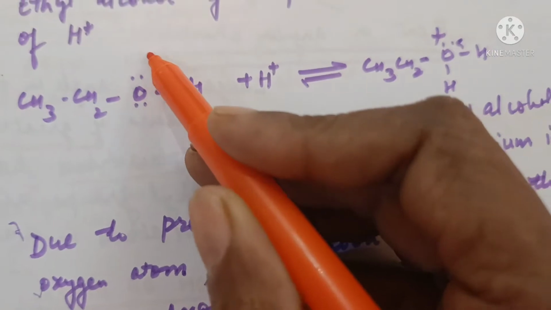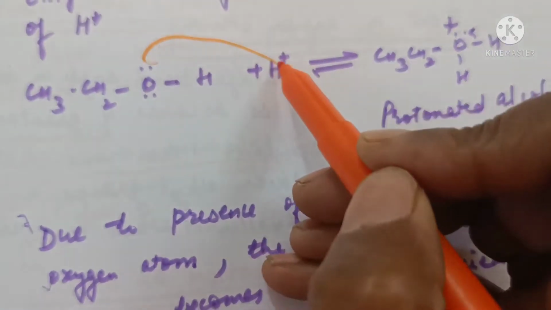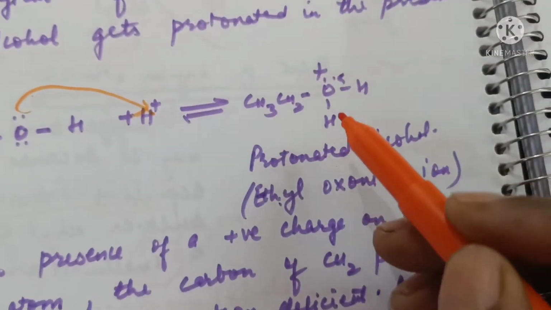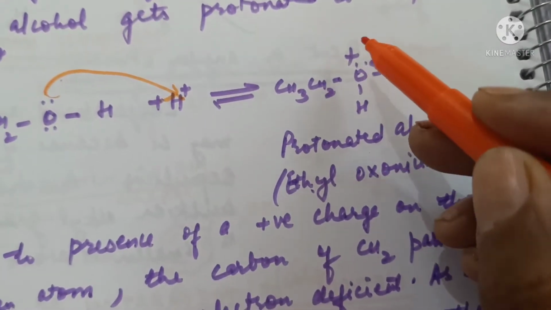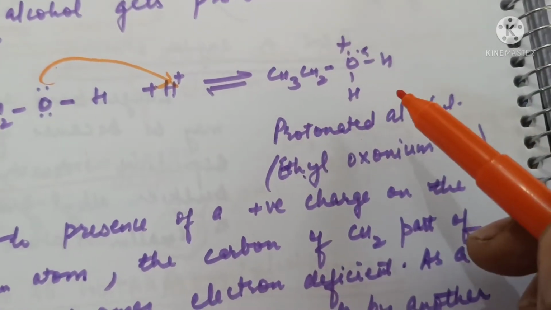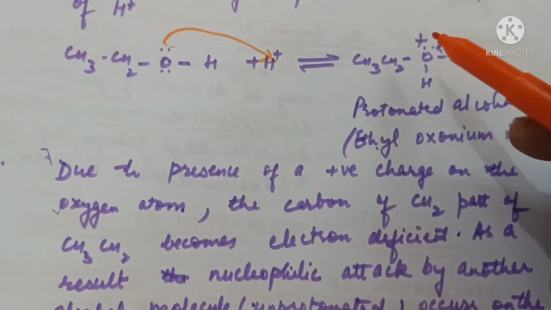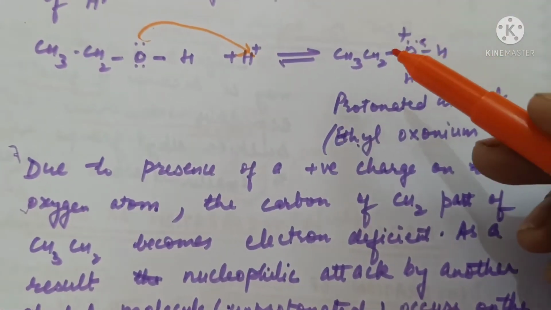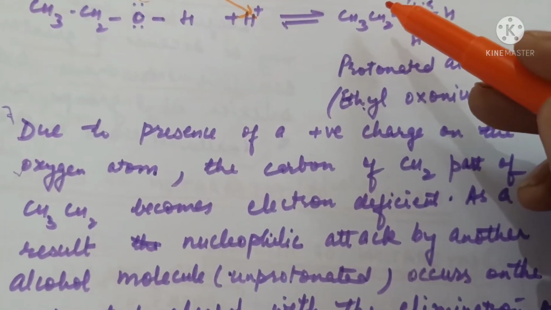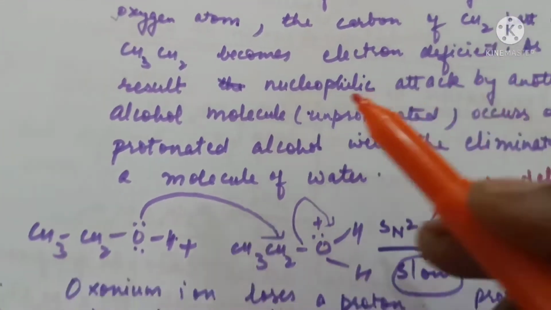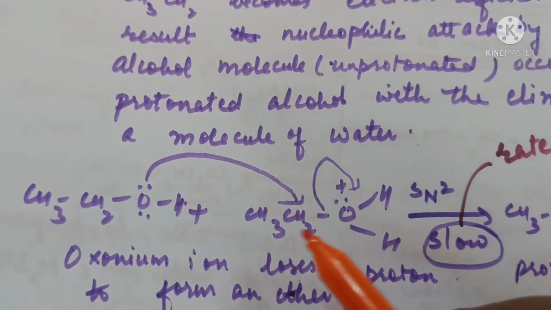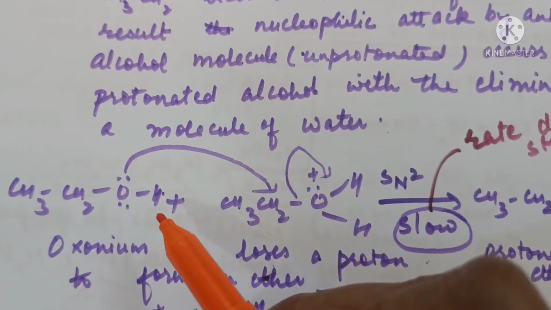Mechanism. In the first step, ethyl alcohol gets protonated. So these lone pair of electrons will move here and H+ will be attached here. As a result, oxygen gets a positive charge. This is protonated alcohol. In the second step, due to the presence of positive charge on the oxygen atom, this carbon gets electron deficient. So as a result, there is a nucleophilic attack by another alcohol molecule.